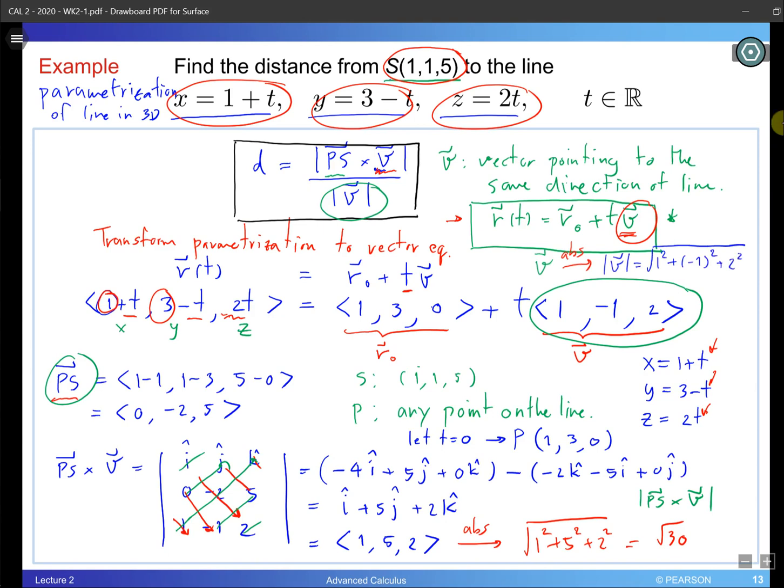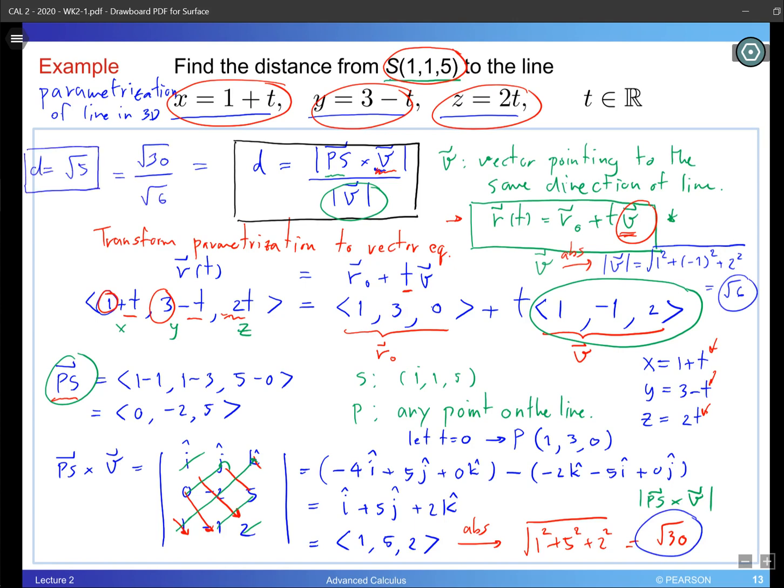So what I have here is 1 plus 1 plus 4, 6, square root of 6. So D is going to be equal to the absolute value of PS cross V, square root of 30, divided by the absolute value of V, which is square root of 6. So here I have square root of 5 as the final answer, equal to D.